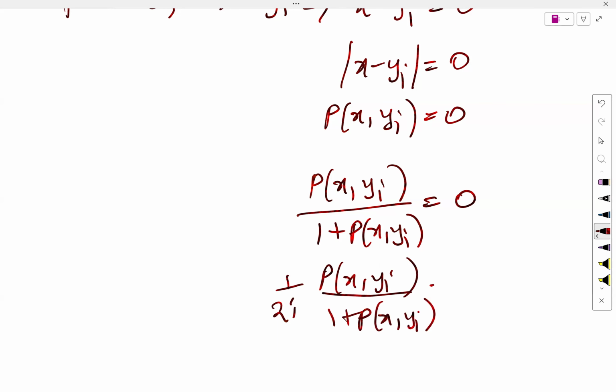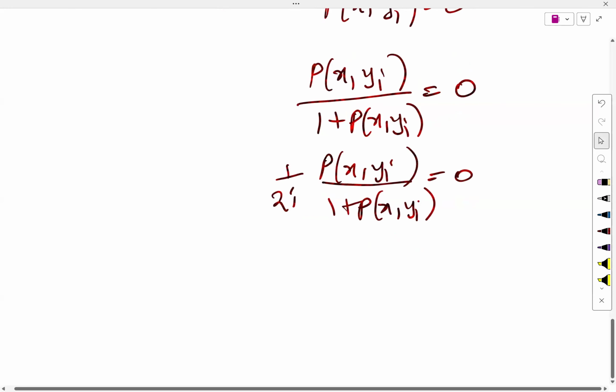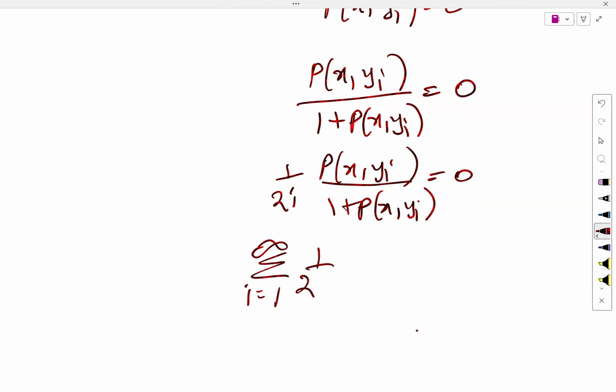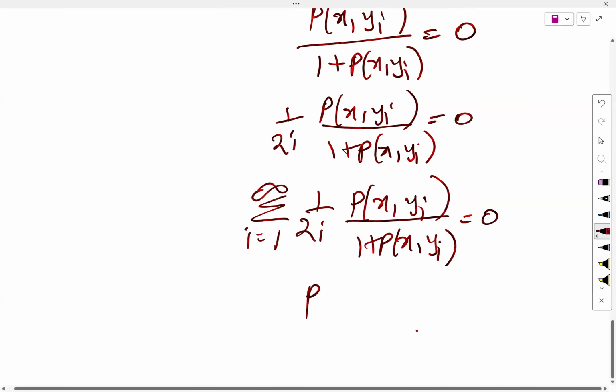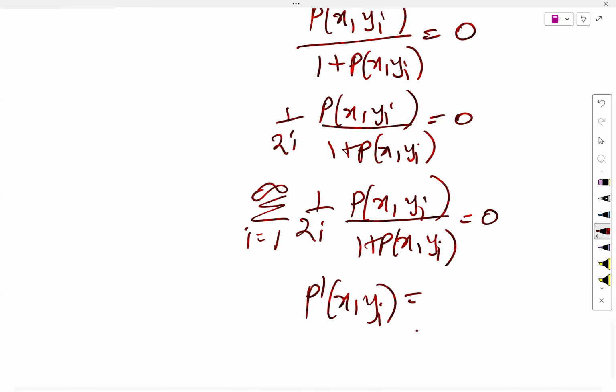Of course, still your 0. Then you can now take it back. You have a summation from i equals 1 to infinity, 1 over 2^i p of x comma y_i all over 1 plus p of x comma y_i. And that is 0, right?